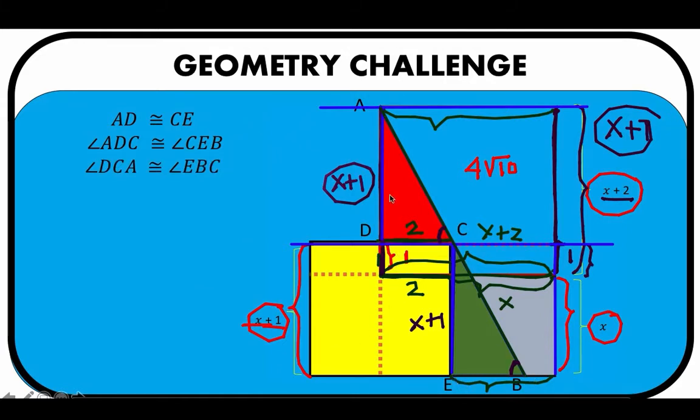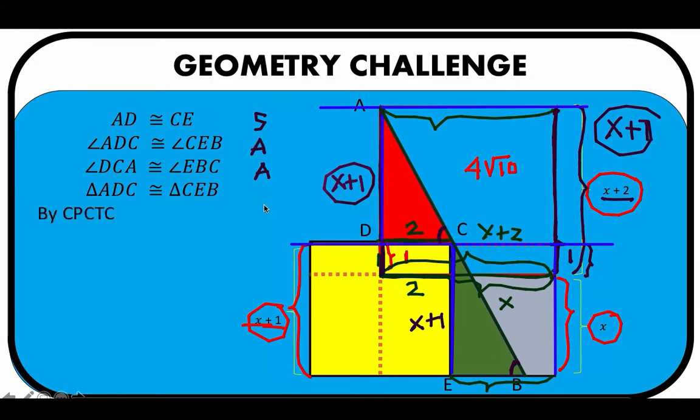So at this point, we now have a side congruent to another side of the other triangle, an angle congruent to another angle of a triangle, and another acute angle congruent to another acute angle of another triangle. What we now have is a side, an angle, and an angle. And by the side angle congruence, we now conclude that triangle ADC is congruent to triangle CEB. The red triangle is congruent to the green triangle.